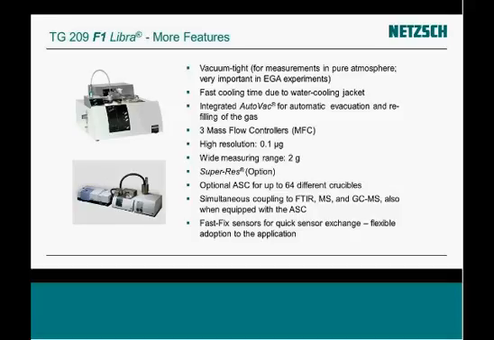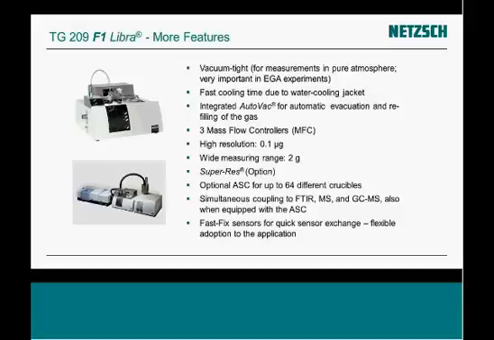Some other features we include are vacuum-tight measurement, where we can go as low as 0.01 millibar vacuum, controlled through an auto-vac for automatic evacuation and refilling of the gas. We also have some other optional features, such as Super-Res, which can provide better control on the heating rate to give you better separation of overlapped peaks in the decomposition steps.